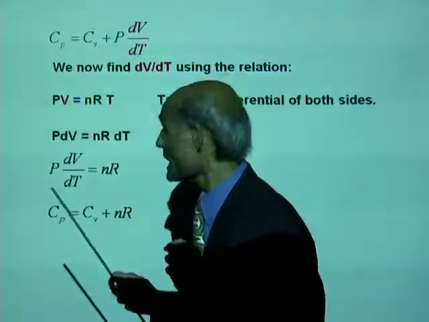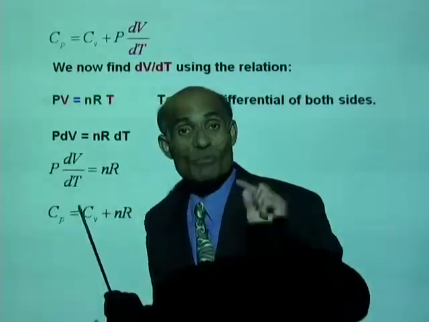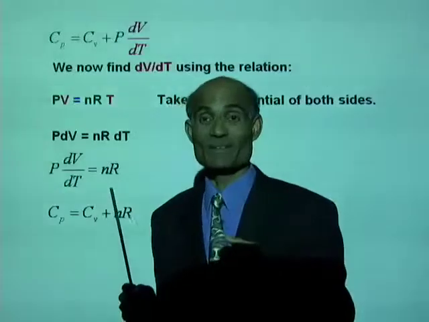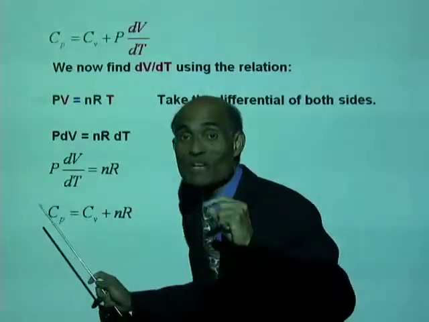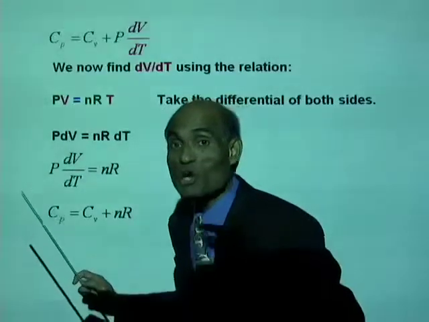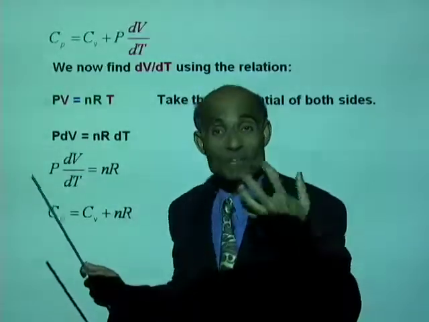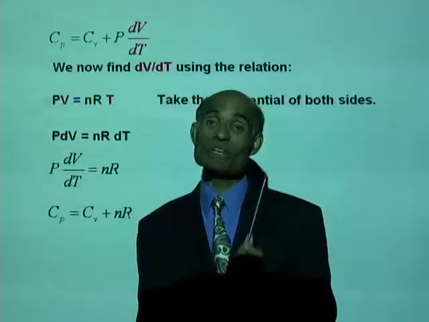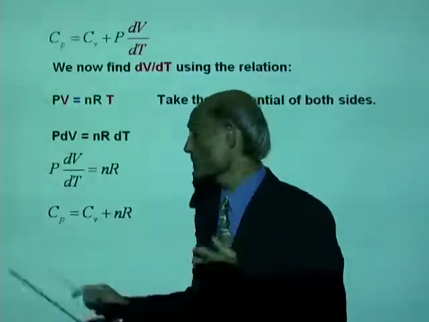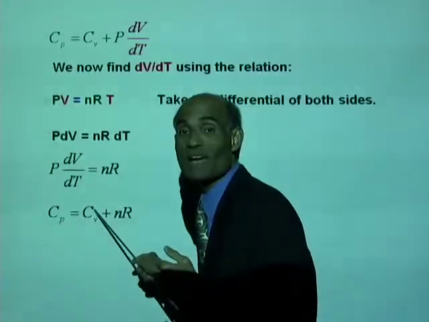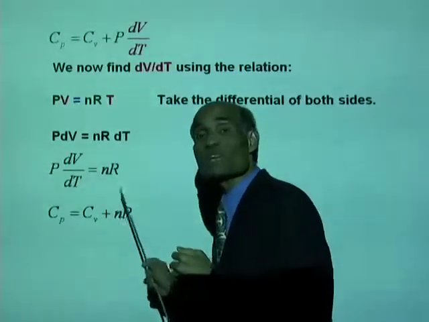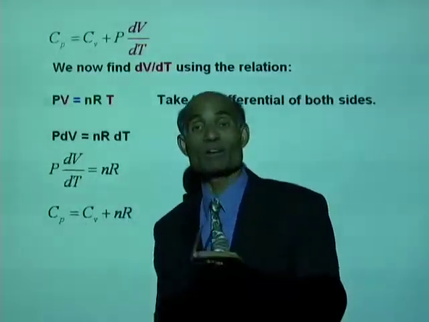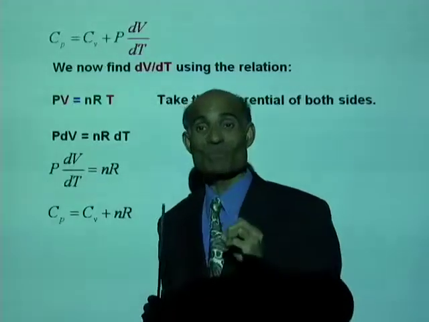Whereas, when you supply heat at constant volume, there is no work done. Therefore, the amount of heat you supply at constant pressure is greater than the amount of heat you supply at constant volume. Cp is greater than Cv. By how much? By a quantity equal to nR, where n is the number of moles of the gas.